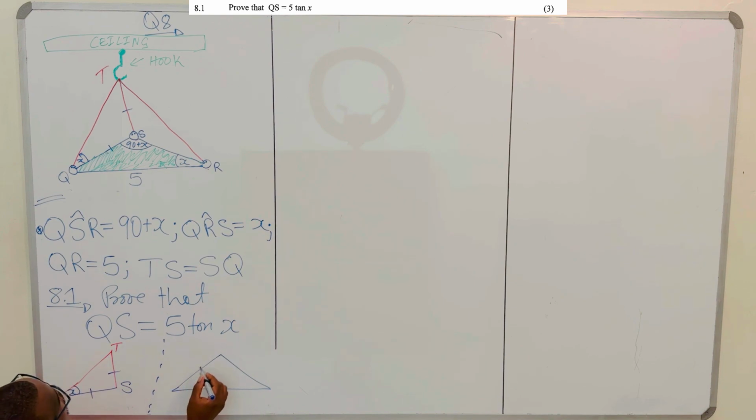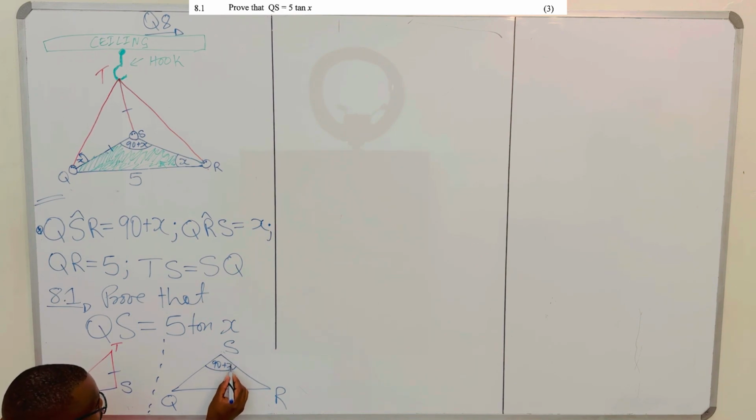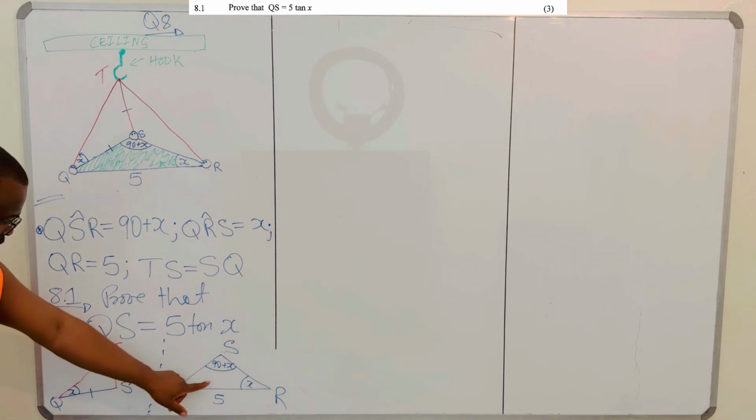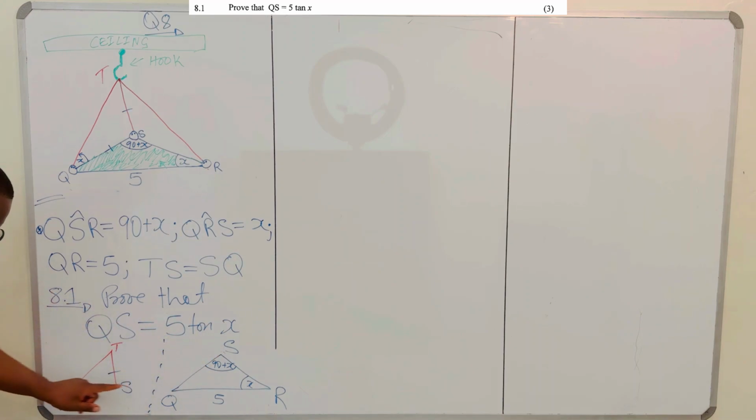Looks like this. So you have Q, you have S here. You have Q, you have R. And what do you have? You're also given that this is 90 plus X, right? And you are given that this is equal to X, and you are given that this is 5 units. So if you're looking at both of these triangles, you want QS, this side or this side.